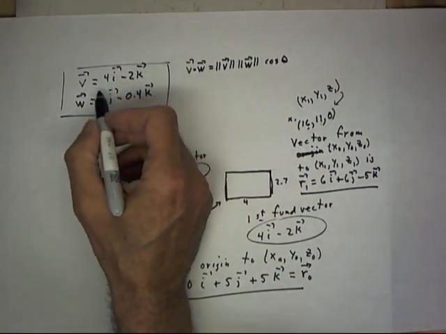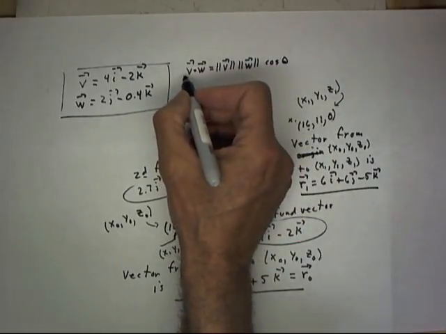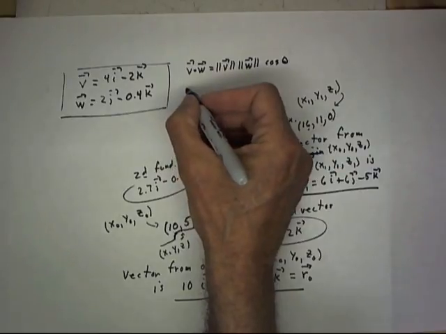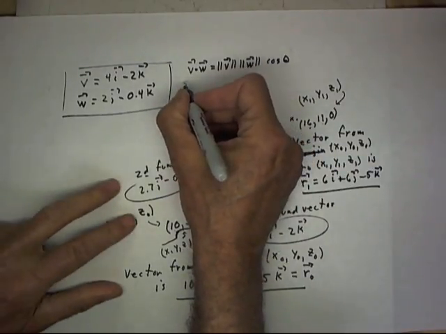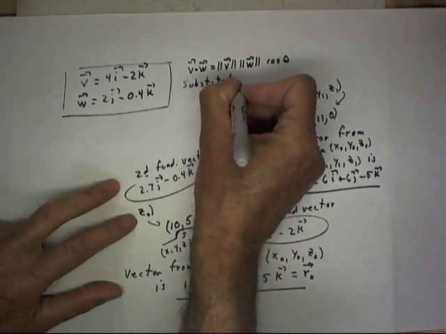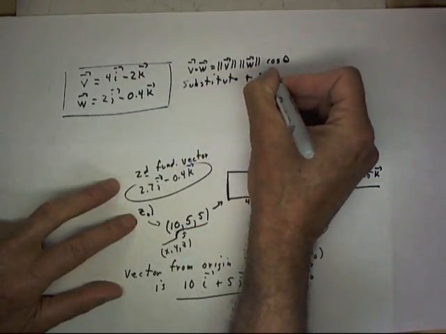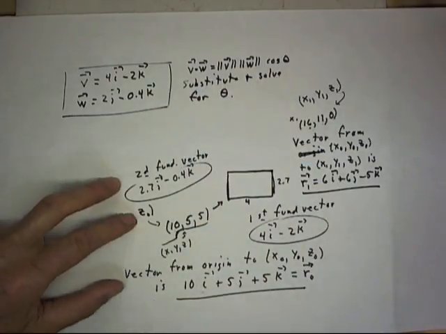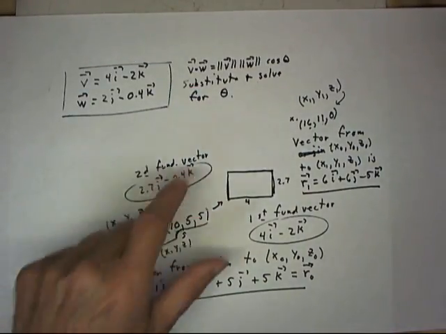We've got the components of V and the components of W, so it's easy to calculate the dot product, and it's easy to calculate the magnitudes of these things. So we can substitute what we know and solve for theta.